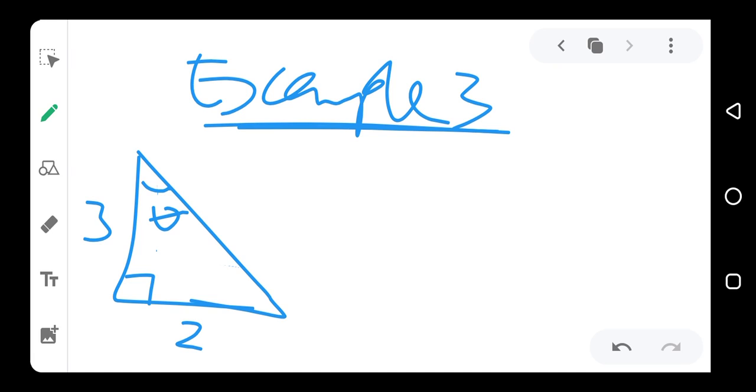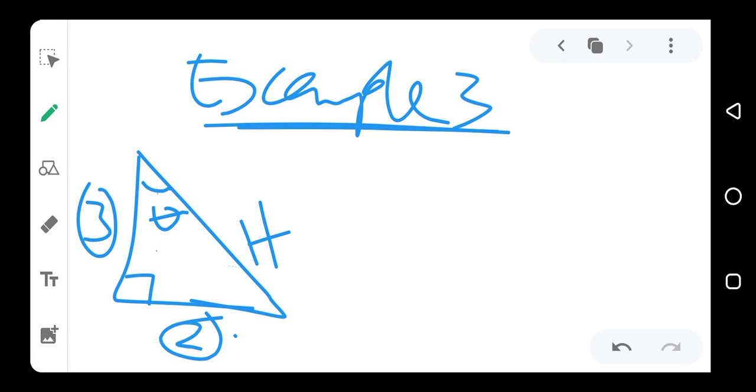So what we do now is that we look for the sides that are given. This side is the hypotenuse and nothing is given there, so we are not checking it. The ones that are given are this one and this one. This one is opposite because it is facing the angle, and the other one is adjacent.